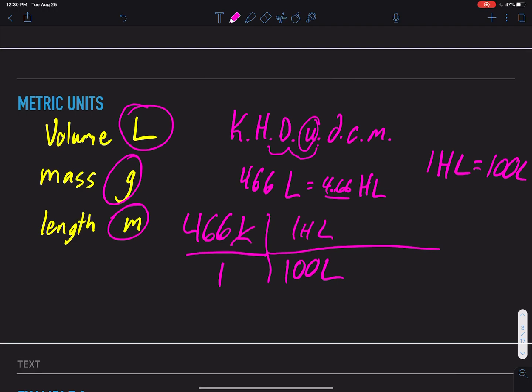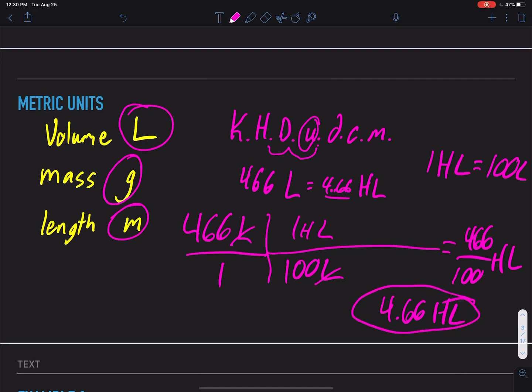And then we can cancel out those units of liters, which gives us 466 divided by 100 hectoliters, also known as 4.66 hectoliters. Okay, so again, you're welcome to do it using the traditional acronym, or you are welcome to use the fence method when converting metric units.